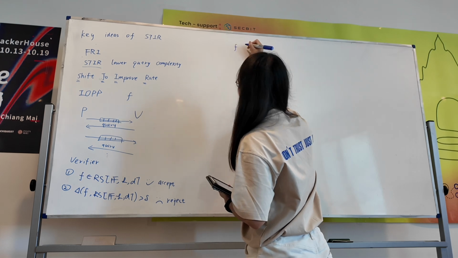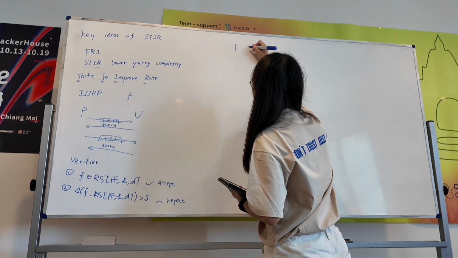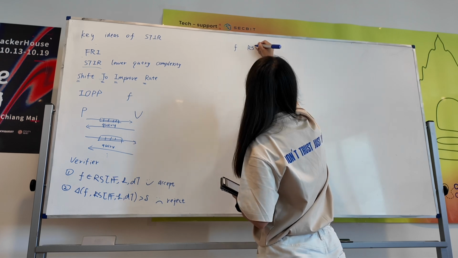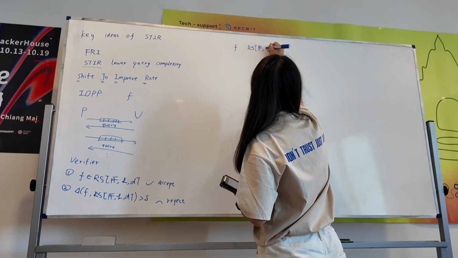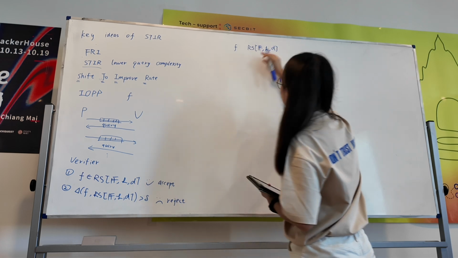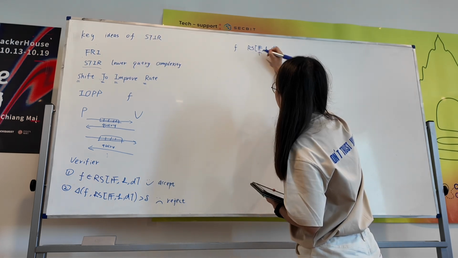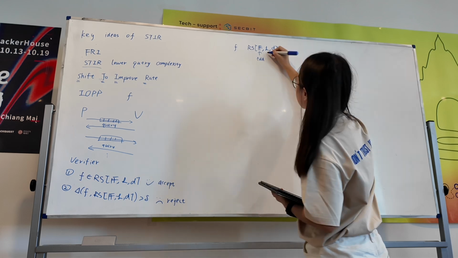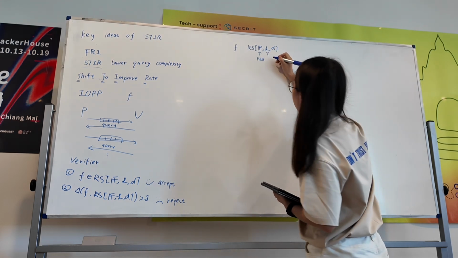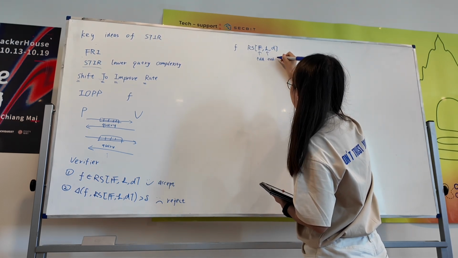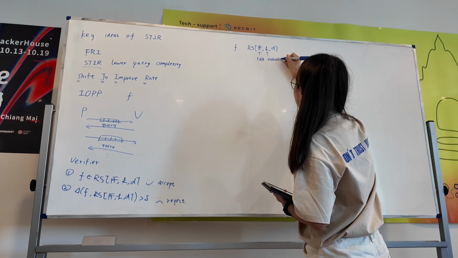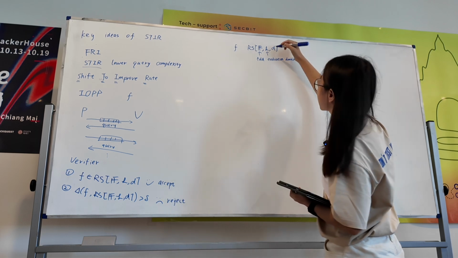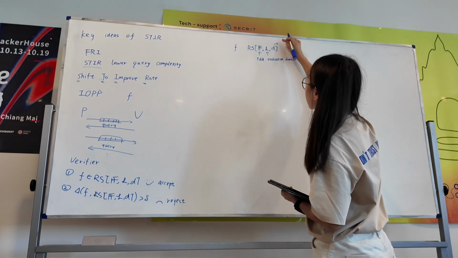For a function f, we have a code word RS[F, L, d]. This is the field, this is the evaluation domain, and this is the degree d.